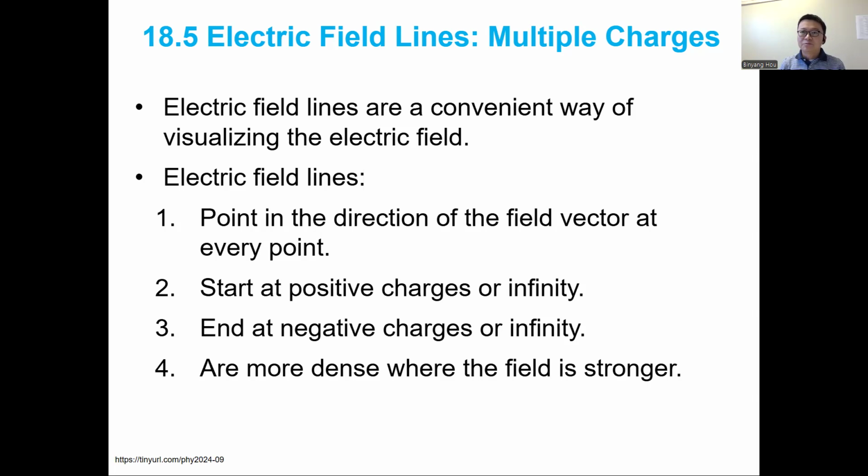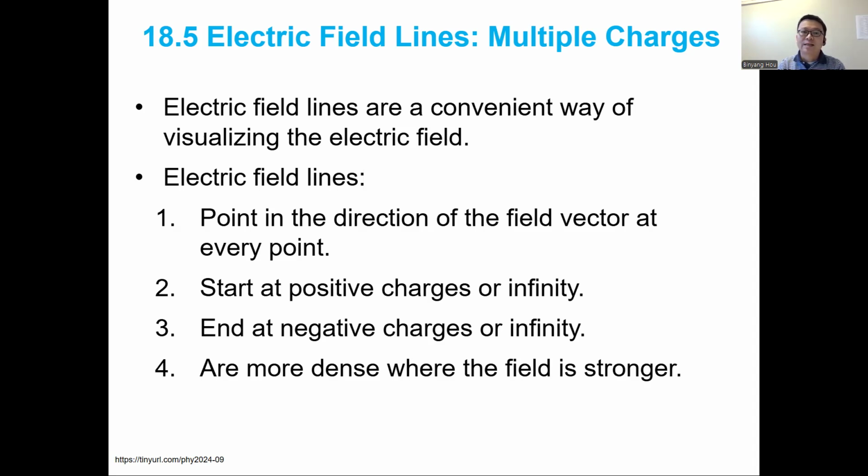Those are actually imaginary lines. We don't normally see lines coming out of charges or coming into the charge, but those are imaginary lines for us to visualize the electric field. So, a few key points for drawing the electric field lines. They point in the direction of the field vectors at any point, just indicating the direction of the field at that point.